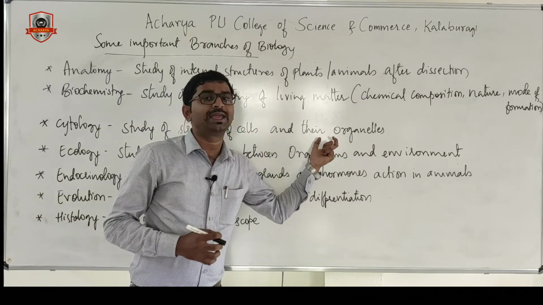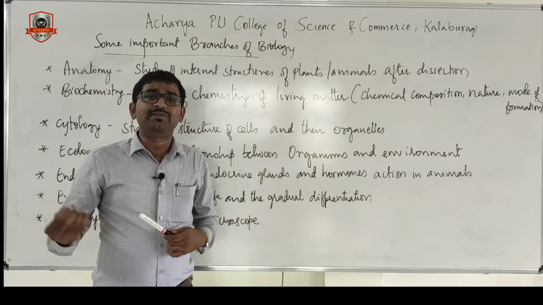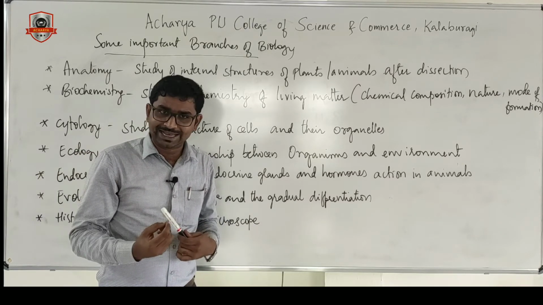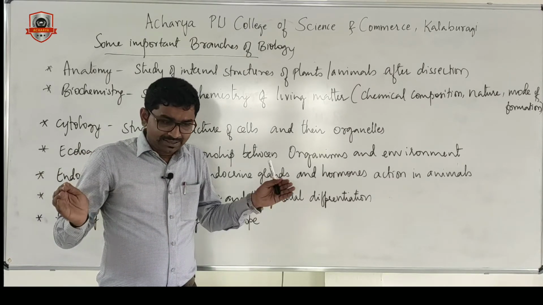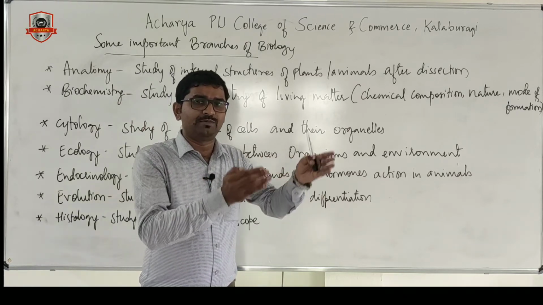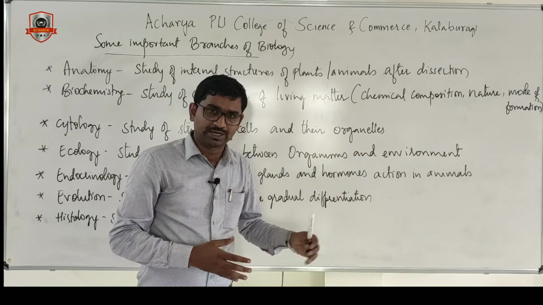When I say the word organelle: our body is made up of millions of cells. When these cells unite, they form a tissue, tissues form an organ, which leads to the formation of an organism.